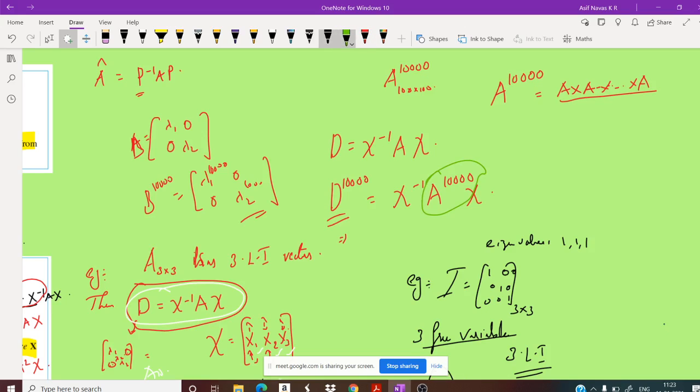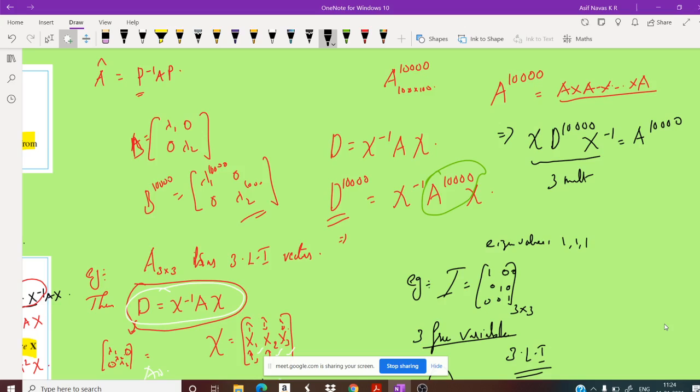So now it becomes very easy. If you multiply X here and X inverse there, X D raised to 10,000 X inverse is equal to A raised to 10,000. So here we need only 3 multiplications to get A raised to 10,000.